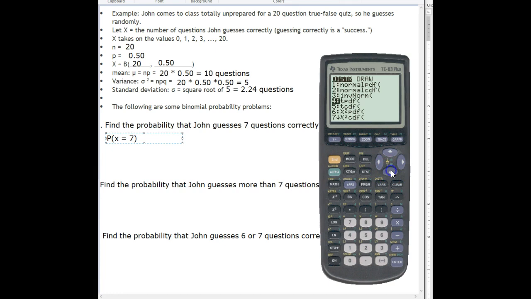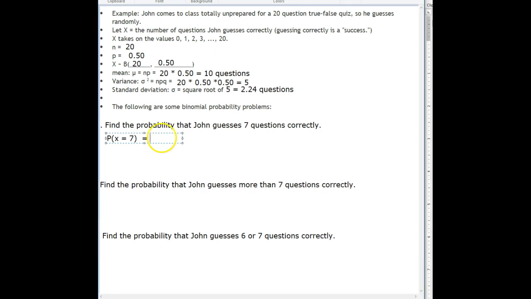For this one, and you can look in your textbook, it tells you which ones to use for which examples. We do binomial PDF, and we are going to put in our n value of 20, comma, our p-value of 0.5, comma, and then 7 questions is what we are guessing. Close your parentheses, hit enter.